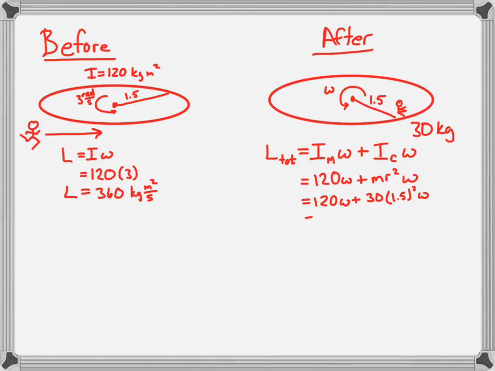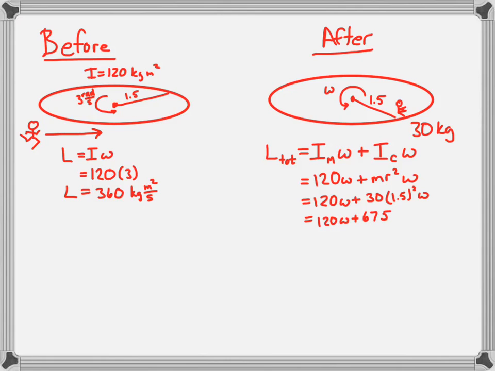So I have 120 omega plus, if I multiply 1.5 squared, I get 2.25. 2.25 times 30 is something like 67.5. I hope I'm right on that.